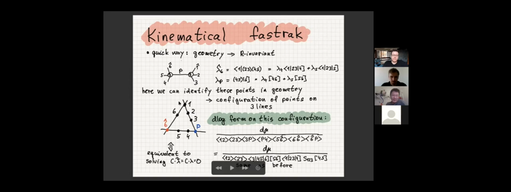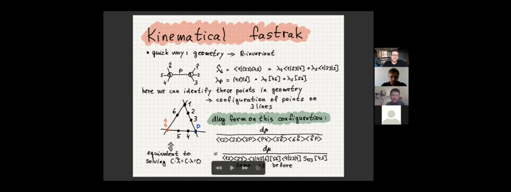Now we will think about this G(3,6) configuration as a configuration of 3 lines. And moving points on this line would mean moving lambdas. So for example, merging points 1 and 2 just corresponds to sending the angle bracket <1 2> to 0, and so on.